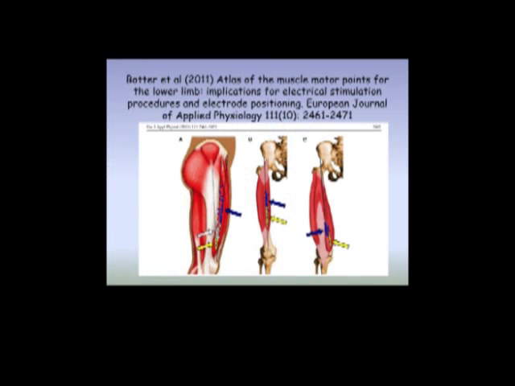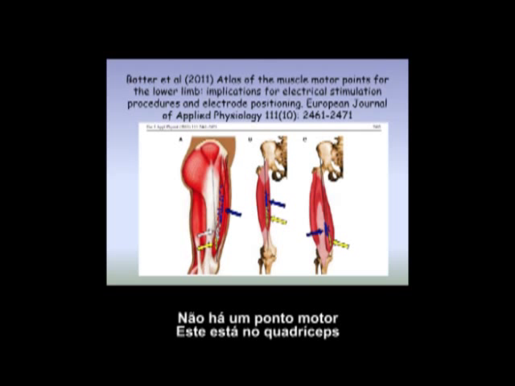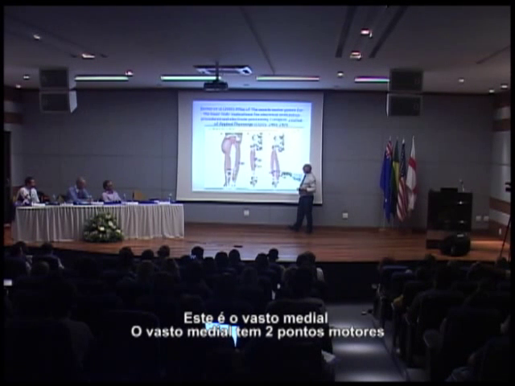All right? They're in the books. There's research out there. This is a piece of research from 2011 where they are showing where the motor points are. There is not one motor point. Muscles, this is in the quads, this is vastus medialis.